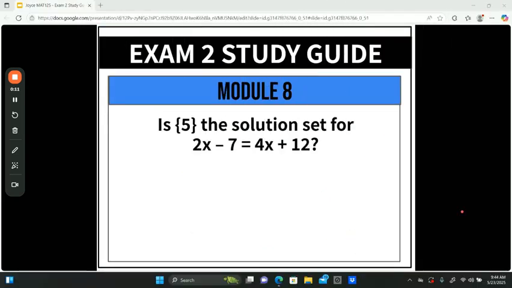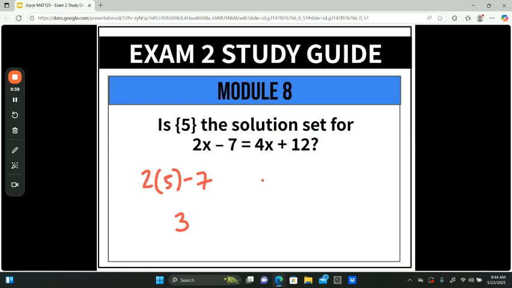Is 5 the solution set for this equation? Okay, so all they're asking is if we put 5 in for x every time we see x, is this equation going to be true? So let's find out. Let's do it on the left side. 2 times 5 minus 7. 2 times 5 gives me 10, minus 7 gives me 3.